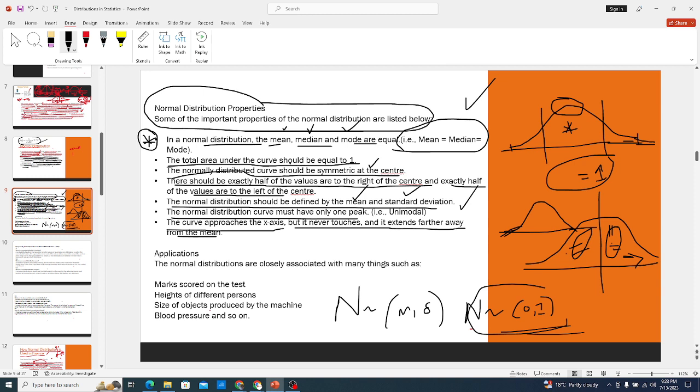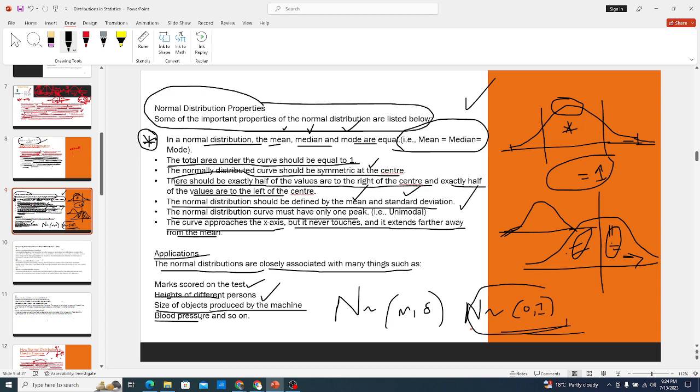Then we have some applications. The normal distribution is closely associated with many things, such as marks of a scored test, height of different persons, which I have talked about, size of objects produced by a machine, and also a patient's blood pressure.